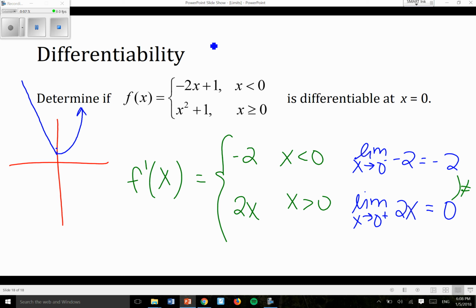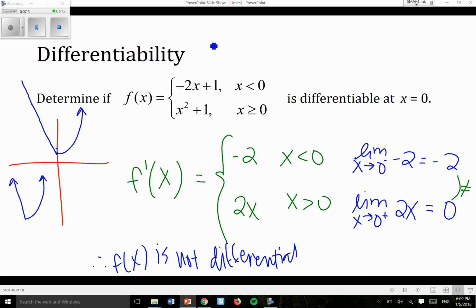And you can clearly see this idea of a sharp point there because their slopes are not the same at that point 0. Therefore, even though my function is continuous, f of x is not differentiable at x equals 0, because their slopes are not the same.